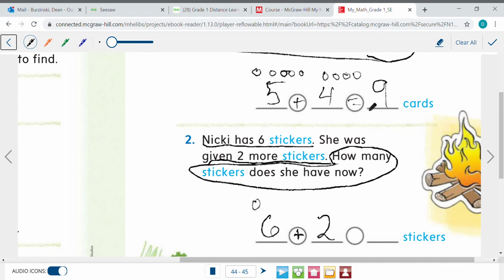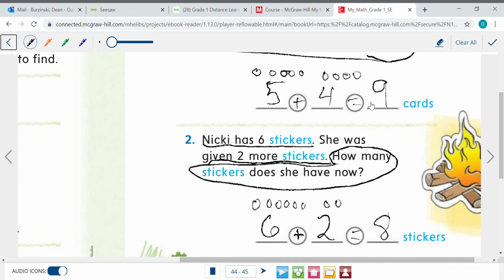And we can draw 1, 2, 3, 4, 5, 6 to make 6 markers for the number 6. And 2, how many circles? 2. Be our counting chips. All right, let's count. 1, 2, 3, 4, 5, 6, 7, 8. And so it equals 8 stickers. Nikki has 8 stickers all together.